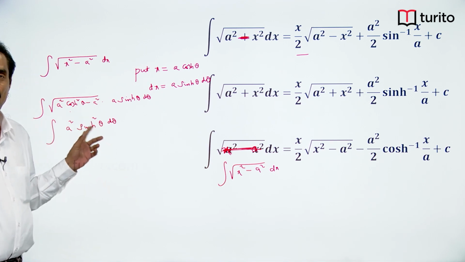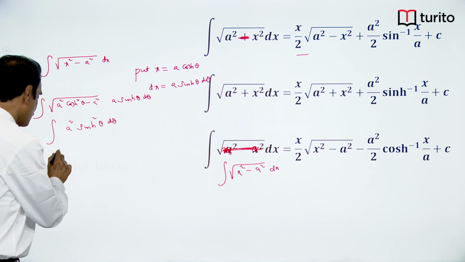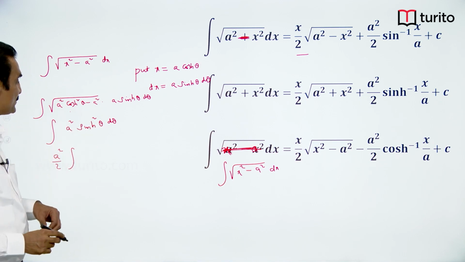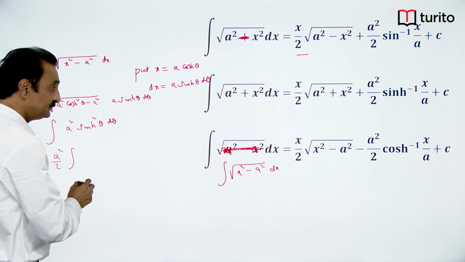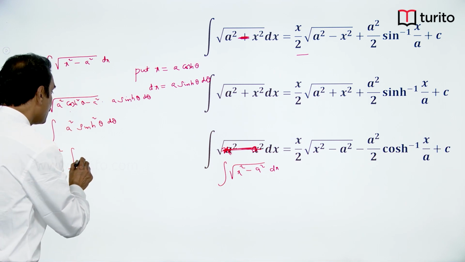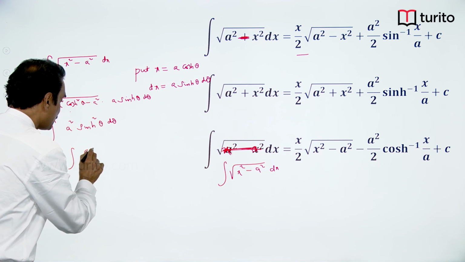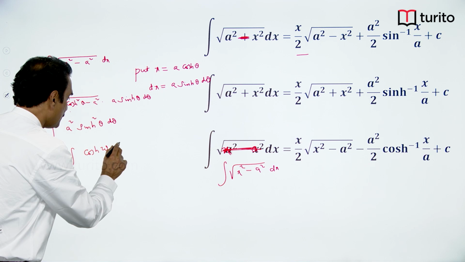Now, multiplying and dividing by 2, a square by 2 into 2 sin h square theta can be expressed as cos h2 theta minus 1.